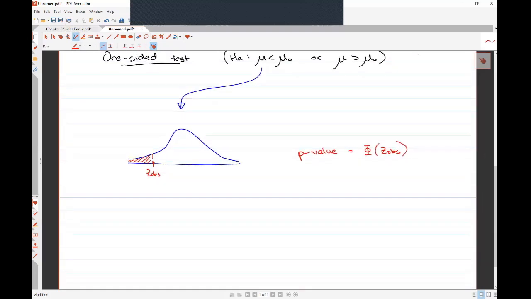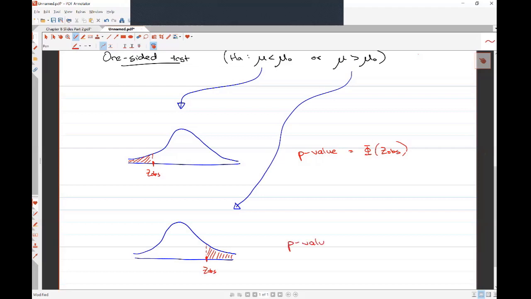On the other hand, if your alternative is right-sided, mu greater than mu naught, now when you're looking at your bell curve and you're finding z observed on that curve, you want to know what the area is to the right of that value.